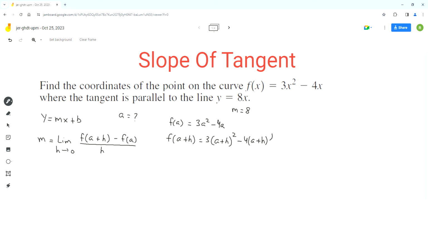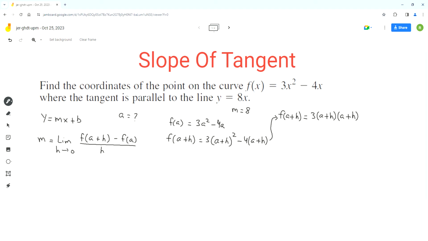Now we can simplify this expression. For f of a plus h, we can distribute the square on a plus h. So we can write out a plus h twice: a plus h times a plus h.